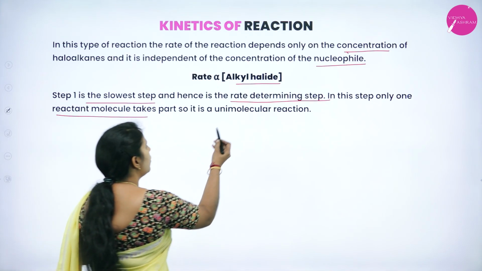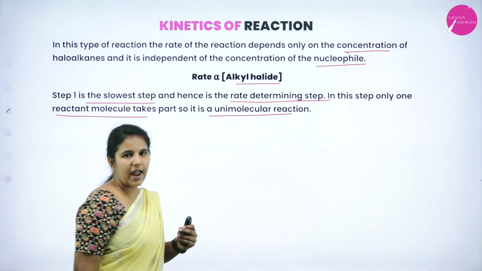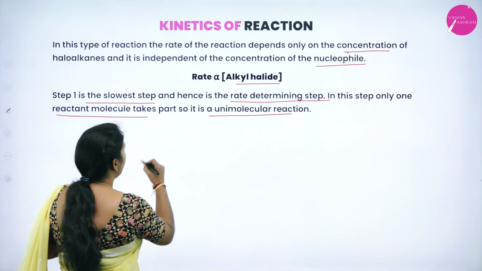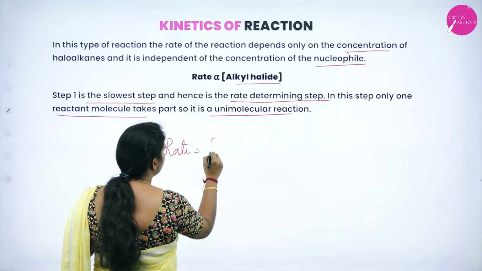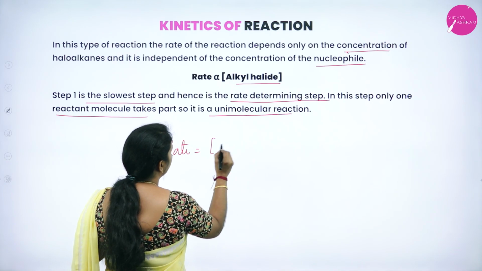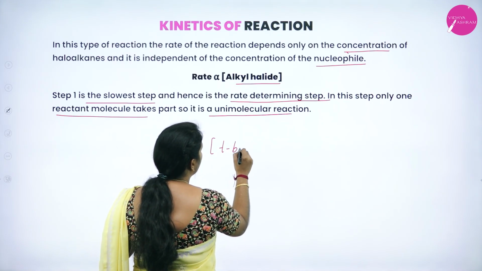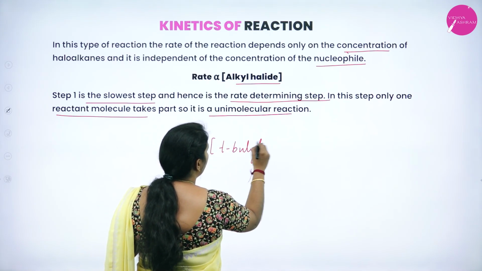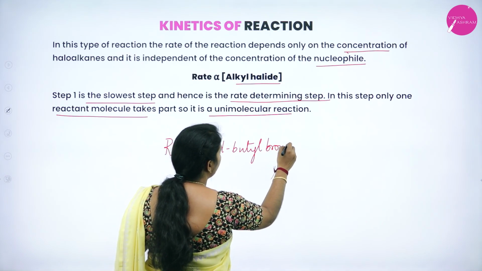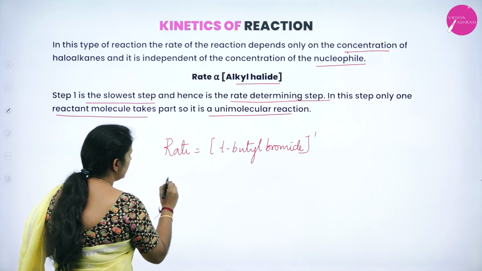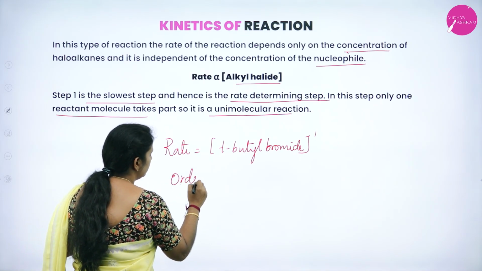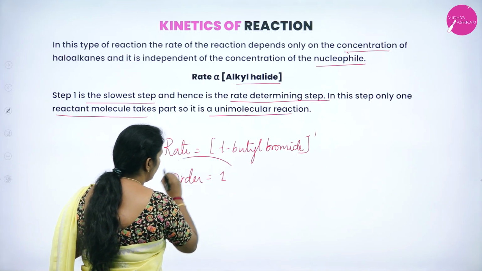Hence it is known as what? Unimolecular reaction. So that is why we write rate equals the concentration of tertiary butyl bromide, which is nothing but our reactant. So the order is 1.